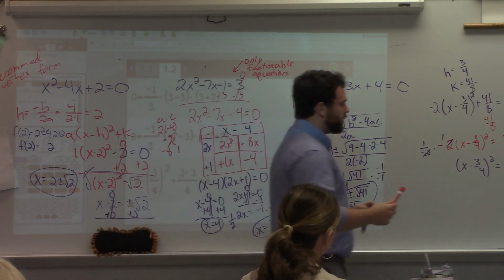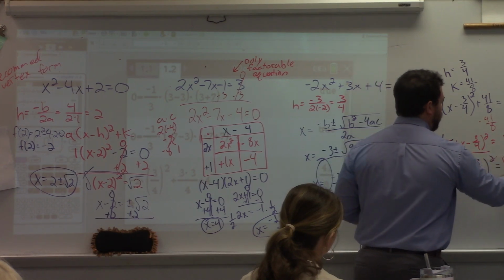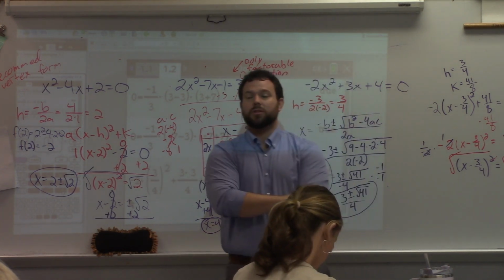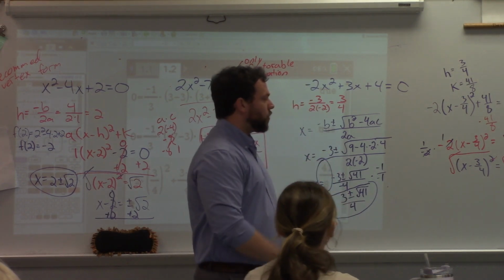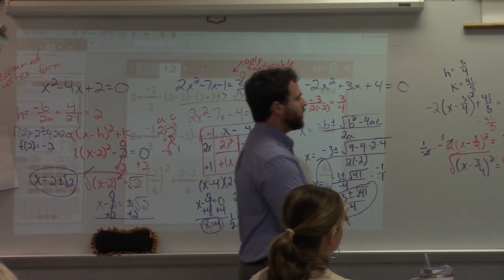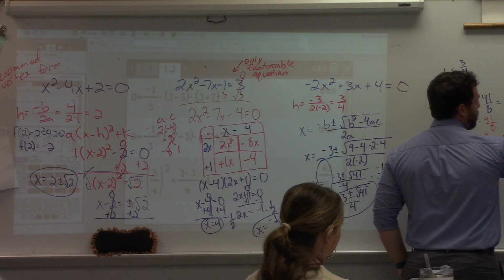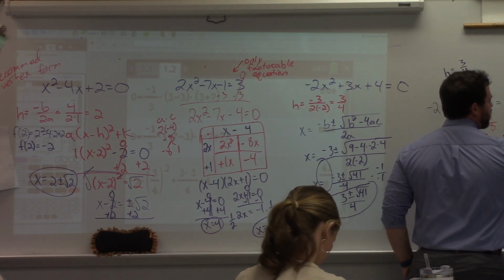Now from here, the last step I'm going to show you is this. Take a square root. When you take the square root of 41 divided by 16, this is actually going to tie into what we're about to do pretty heavily. When I have that, there's a property of radicals. I think I might have mentioned this yesterday. But there's a property of radicals because it connects to exponents where you can actually just split it up as the square root of 41 divided by the square root of 16.